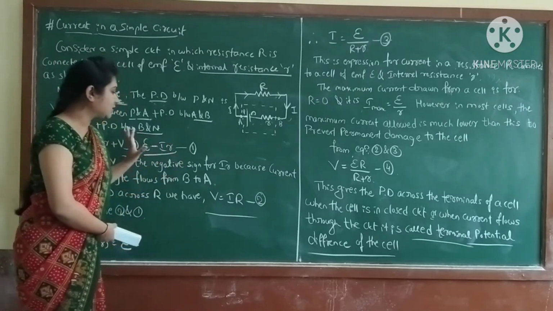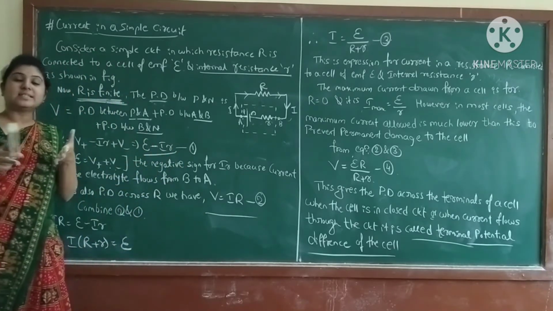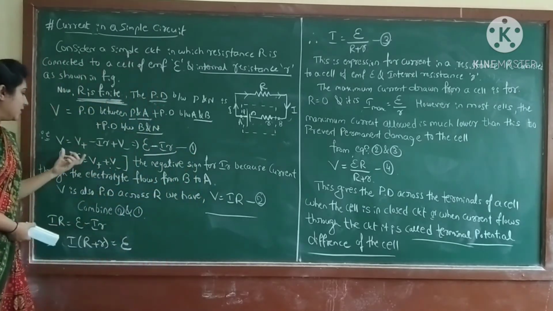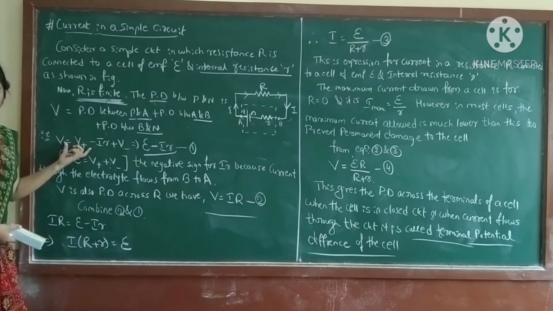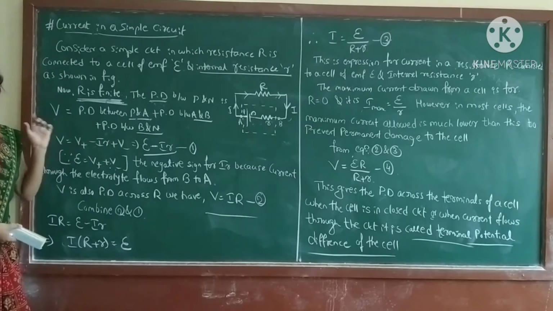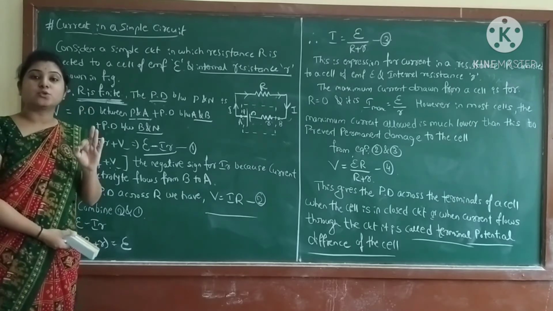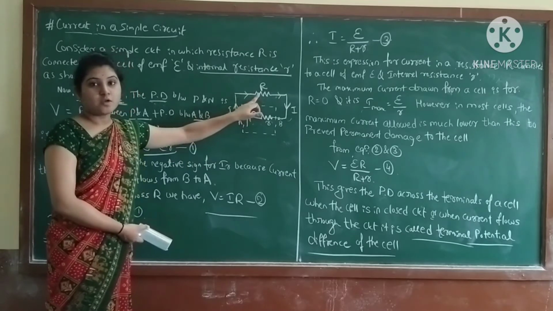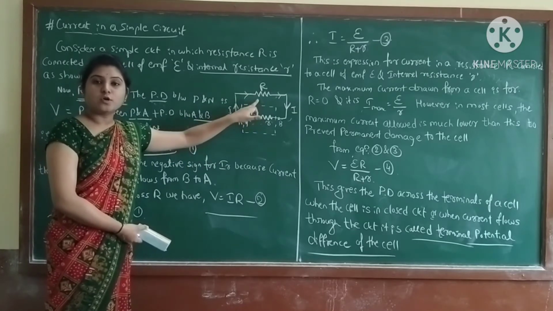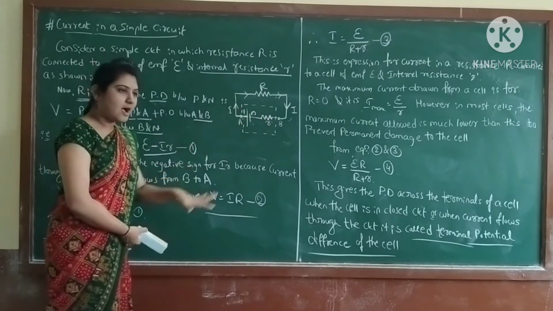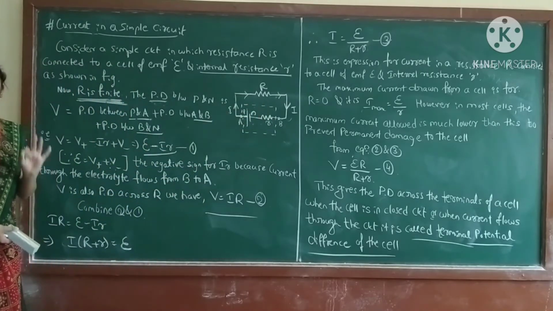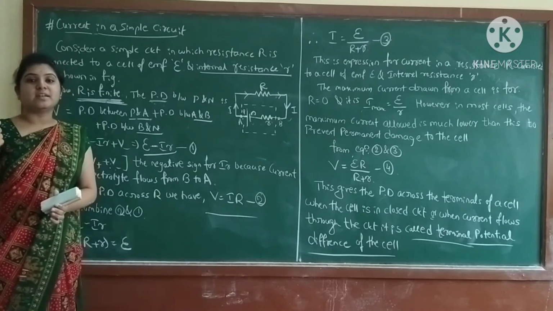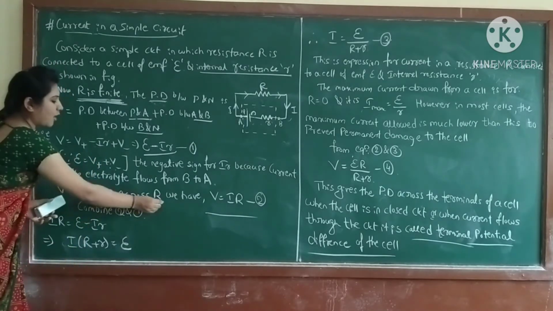Now V is also the potential difference across the resistance R. That is the external resistance, capital R now.